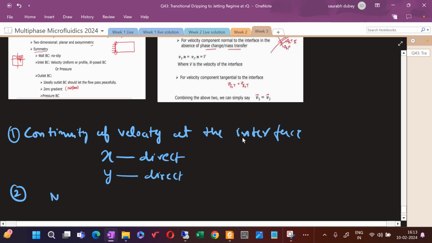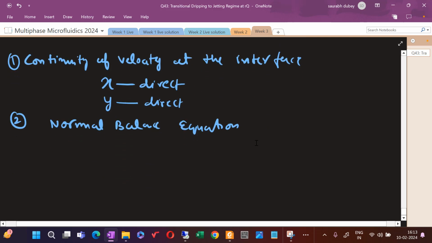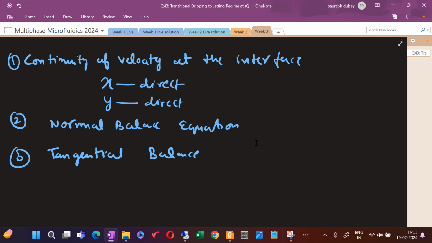Then the normal balance equation, and another one is the tangential balance equation.